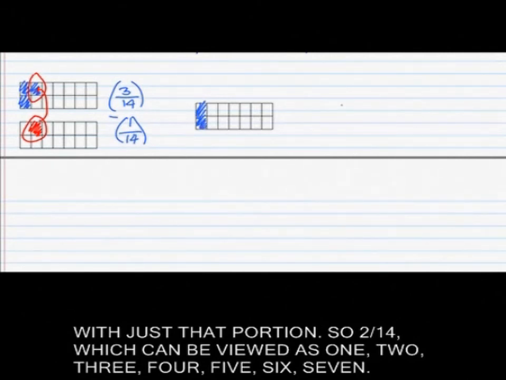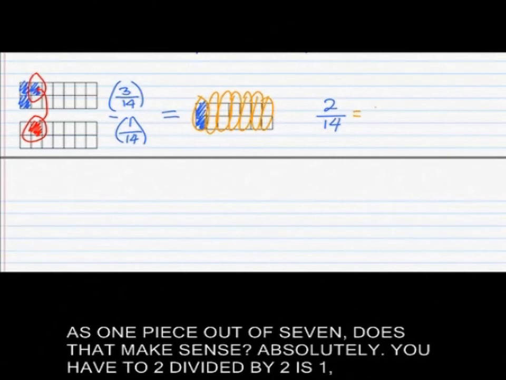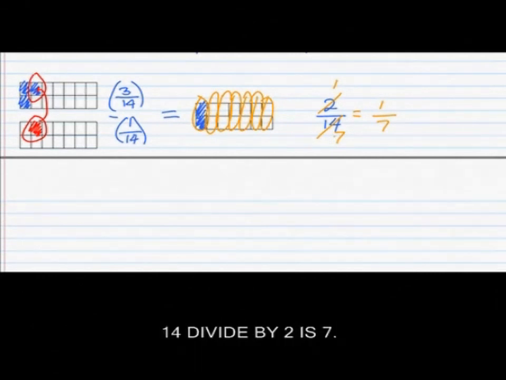So 2 14ths, which can be viewed as 1, 2, 3, 4, 5, 6, 7 as 1 piece out of 7. Does that make sense? Absolutely. You have 2 divided by 2 is 1, 14 divided by 2 is 7.